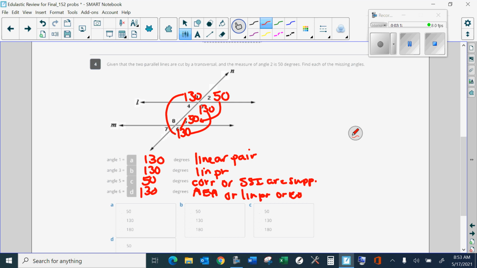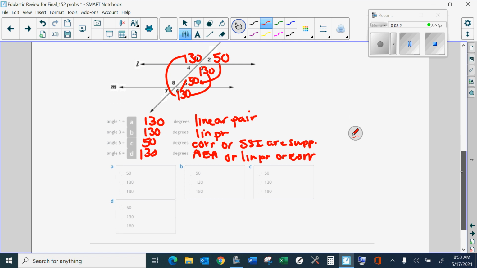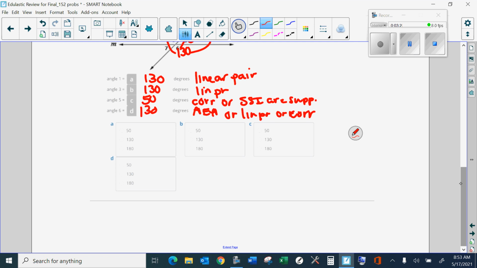So 130, 130, 50. Oh, A. That's what you're doing. A is 130. B is 130. C is 50, and D is 130.